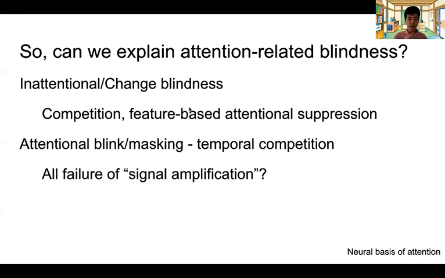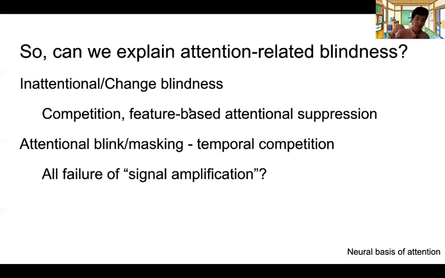And in the attention blindness of the gorilla video, remember that the video first asks you to pay attention to the white t-shirt team. And that means that the feature-based attention to white becomes very strong. On the other hand, to make this feature-based attentional enhancement for white, you also simultaneously have to suppress the black team's t-shirts, right? Because it is competing, in fact.